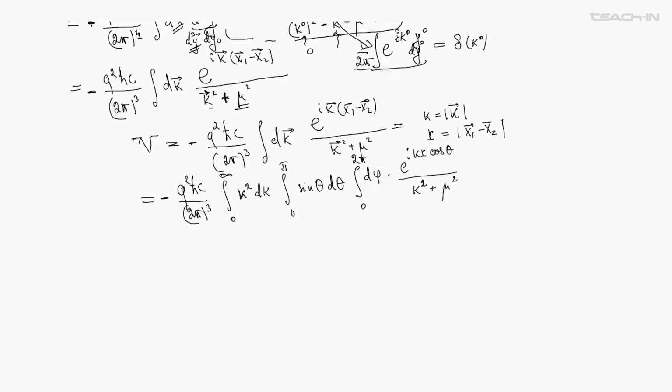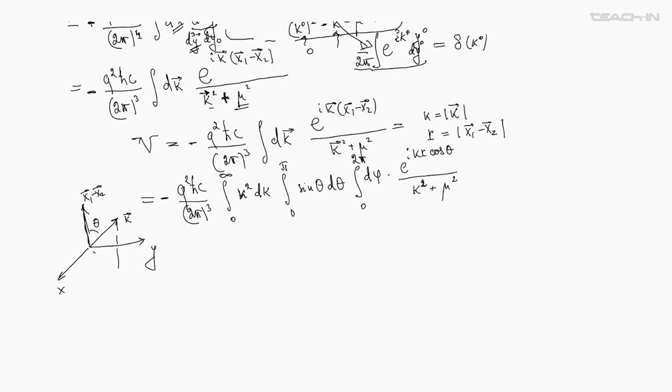This is the direction of x1 minus x2, and this is the same as the z direction. Then you have x and y, and then you have our vector k, which is a running vector, over the position of which we integrate. And then we introduce an angle theta of the spherical coordinate system, and then two angles.